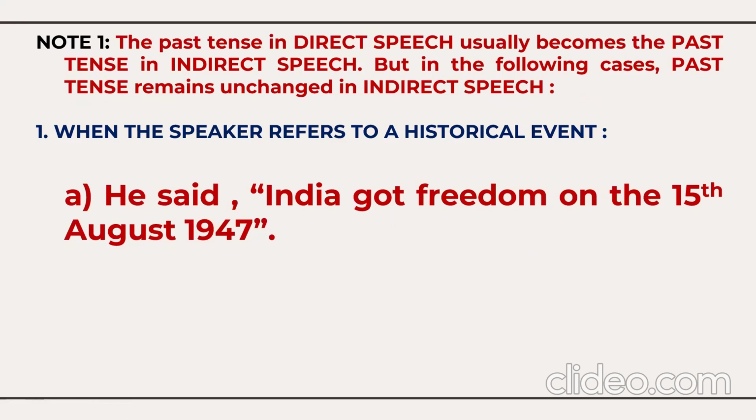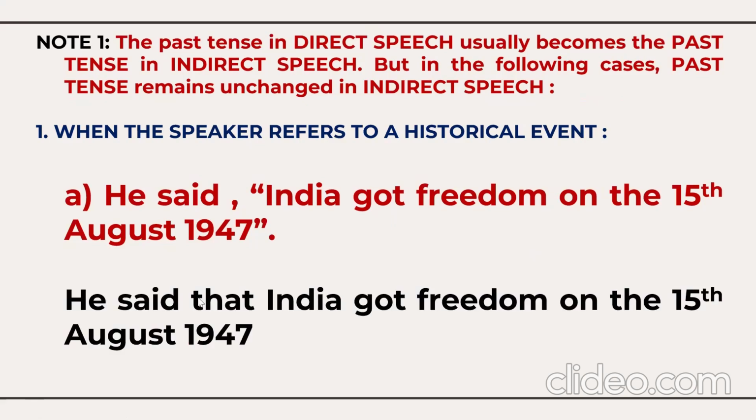Now, we cannot make it into past perfect. We can't say had got. So we have to copy the same. He said that India got freedom on the 15th August 1947, full stop, right? So we will not change it here because it's a historical event. You cannot change simple past to past perfect.